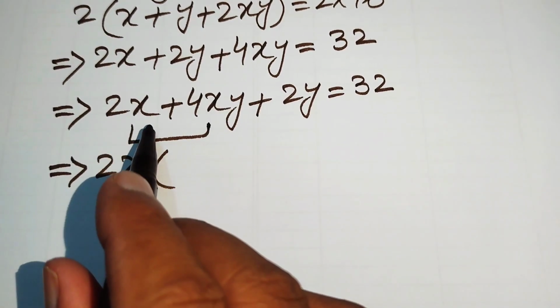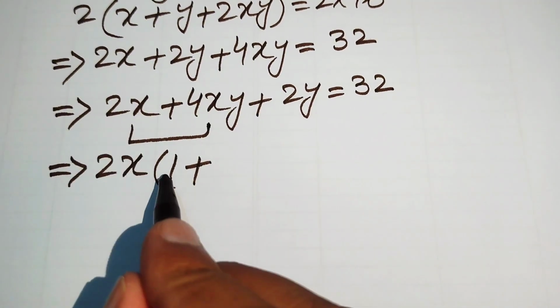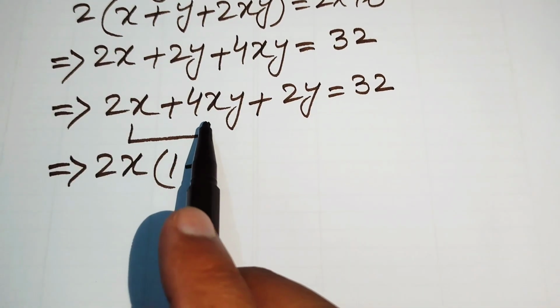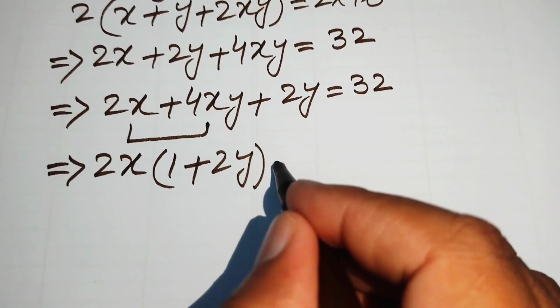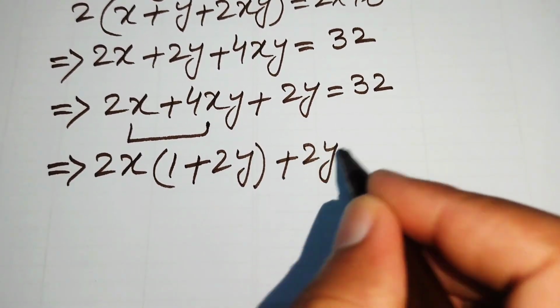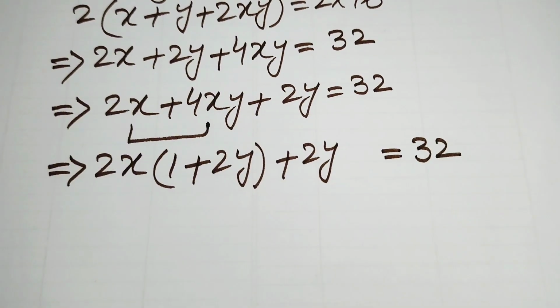Taking out 2x, we get 2x times (1 plus 2y), plus 2y, and this whole equals 32.